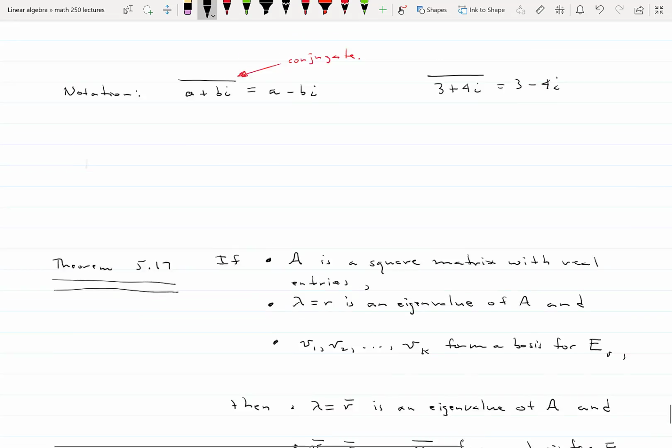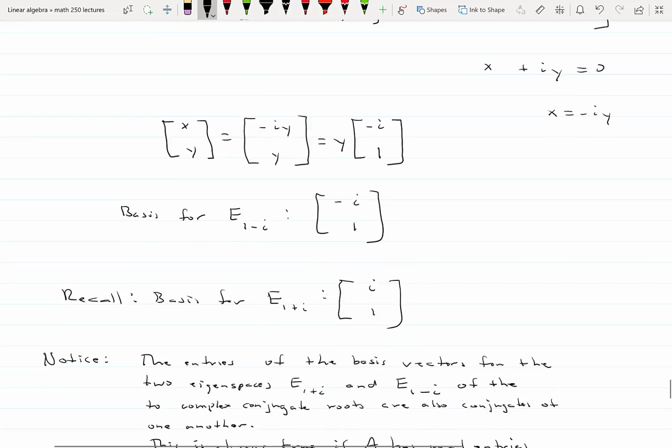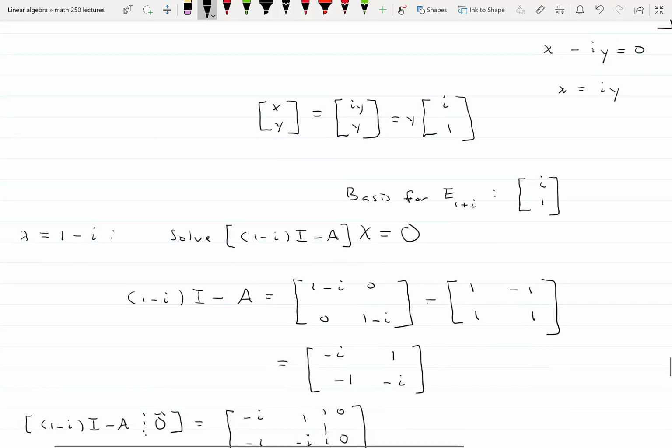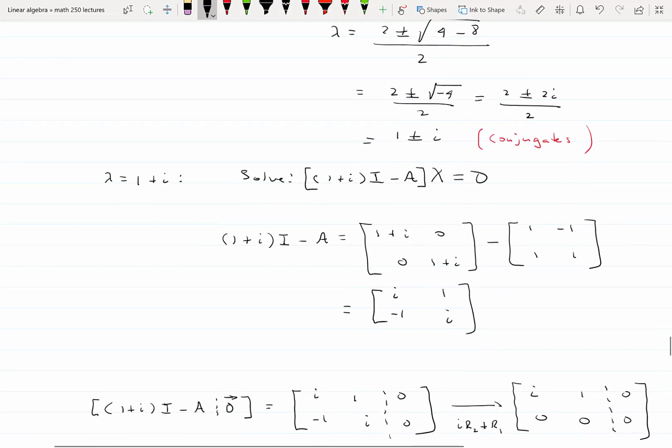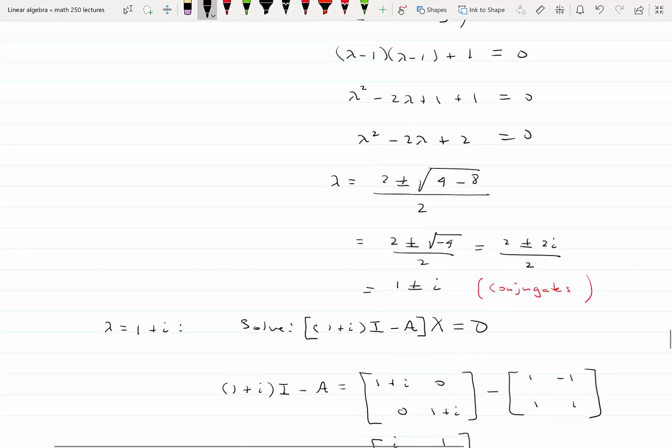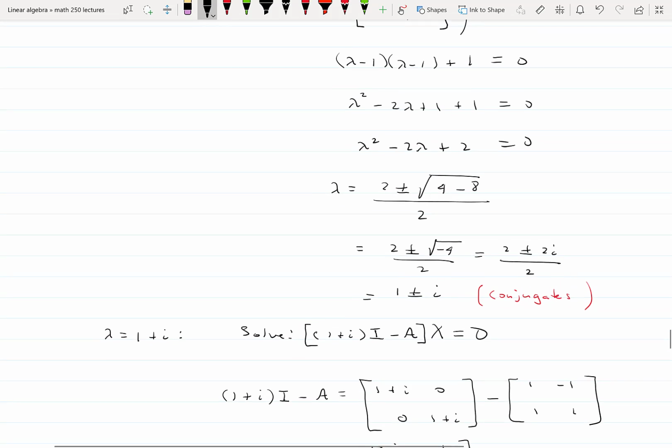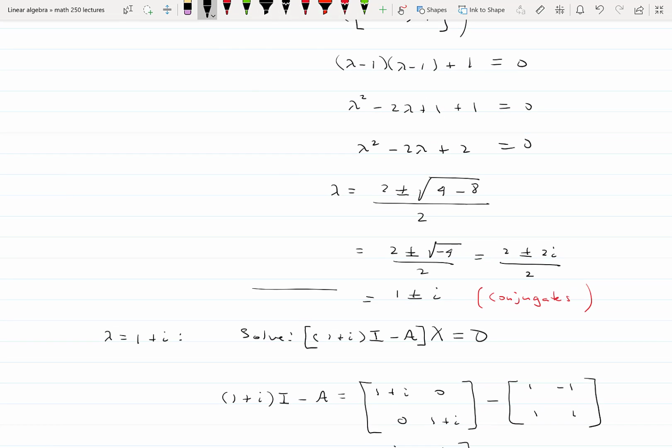Okay, so back up to our example real quick before we end this segment. In the last example, I started out by finding the two eigenvalues, 1 plus or minus i, and they were conjugates. And this part of this last theorem says that this is always going to happen.